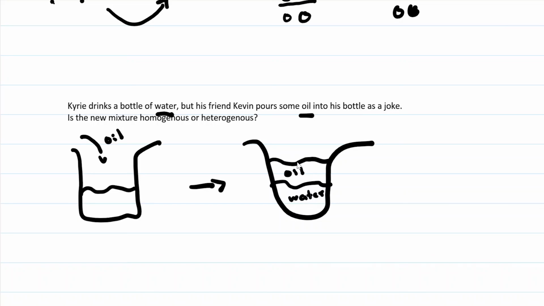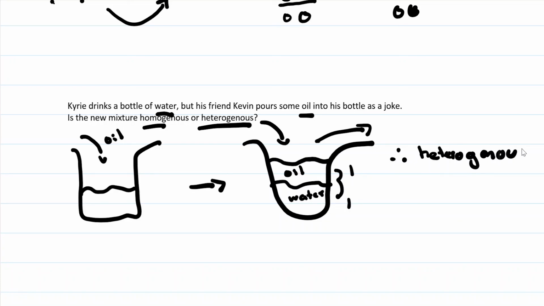Yes, they are both liquids. However, they do form distinct stages. This is one stage up here, and this is another stage. And what is characterized by multiple stages, multiple phases? It's going to be heterogeneous mixtures. So for that reason, this mixture is an example of a heterogeneous mixture.